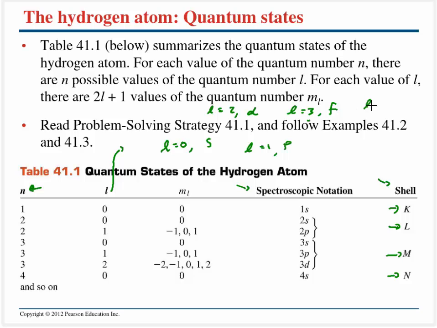L is equal to 4, we're going to call that the G state, and so on and so forth. Something to keep in mind as we're increasing our value for n, we're increasing our value for L, and more importantly, when we increase our value for L, then we increase our values for m sub L, and we get more degeneracy.